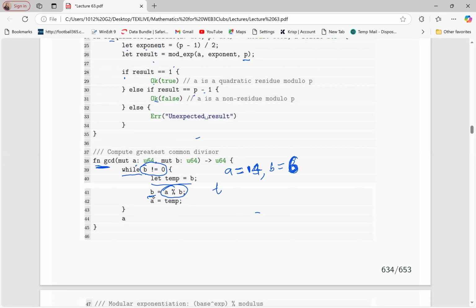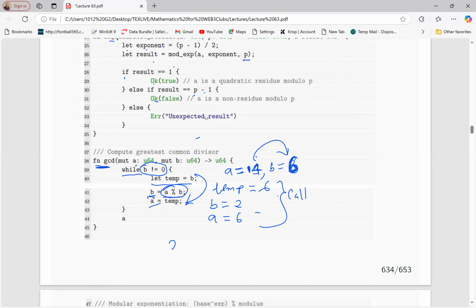Now, temporary becomes B, and the new B becomes the remainder of A on division by B. So when you divide A by B, the remainder is 2. Now, what about A? A becomes what was temporary. This is the first call.